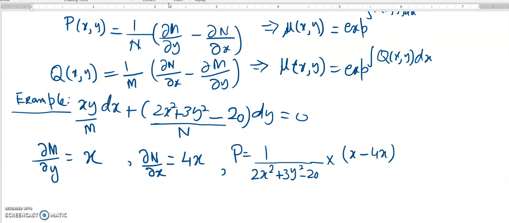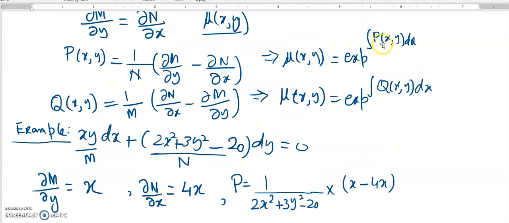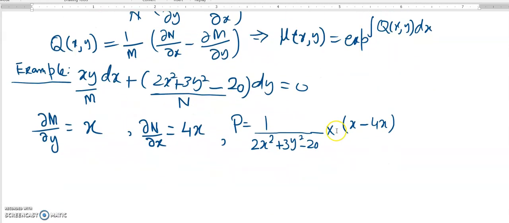I think this is not going to help us, because in this way we will get an expression with minus 3x over this, and if you want to integrate it like this, it will not work out for us, because this is a relatively complex expression in terms of both x and y. So maybe instead of P, we can try out Q.